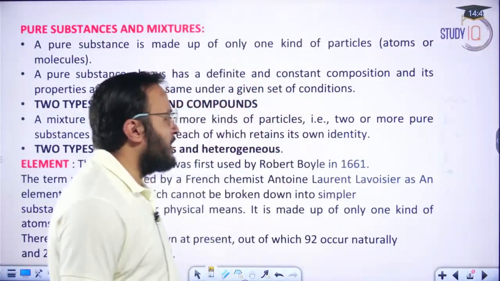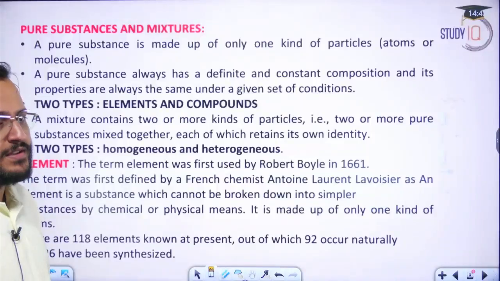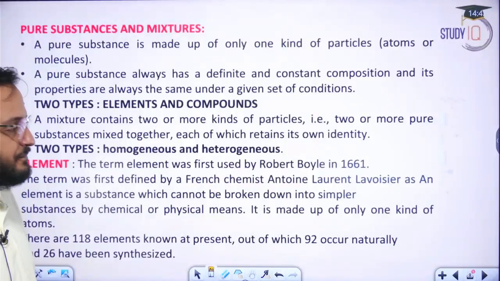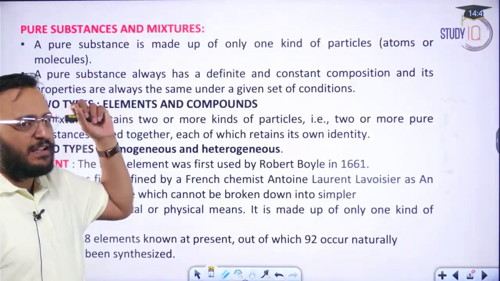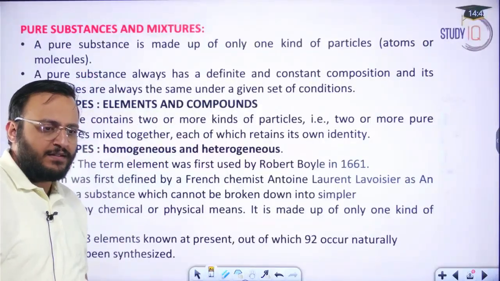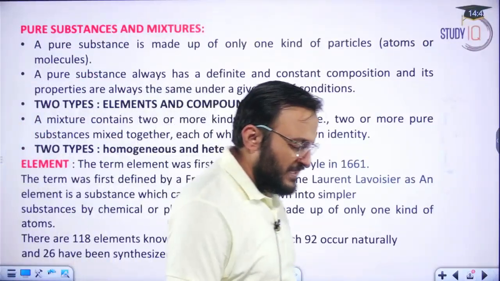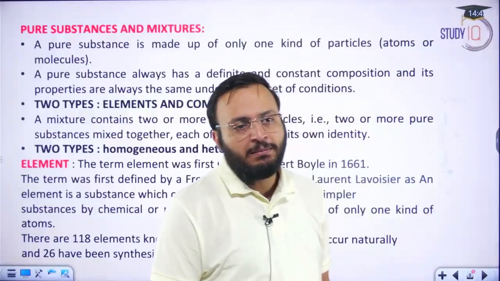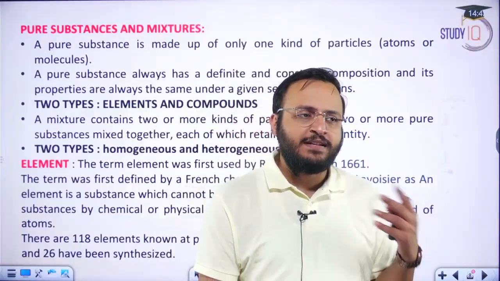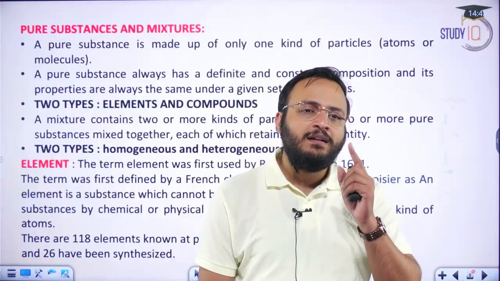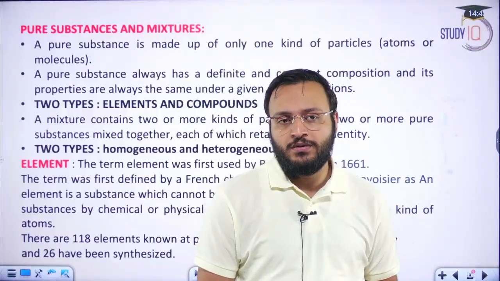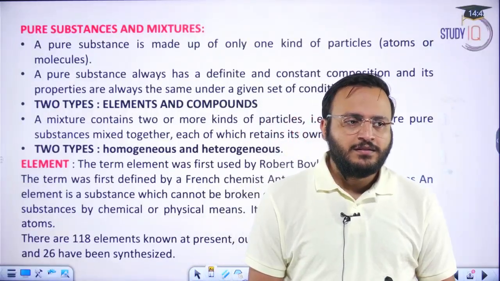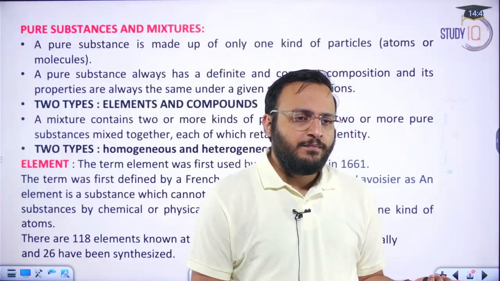So when we talk about pure substances and mixtures, let me tell you guys, usually a pure substance is basically one kind of particle. It is one specific kind of particle that may be a molecule, that may be an atom, but only one kind of atom or only one kind of molecule. For example, gold.